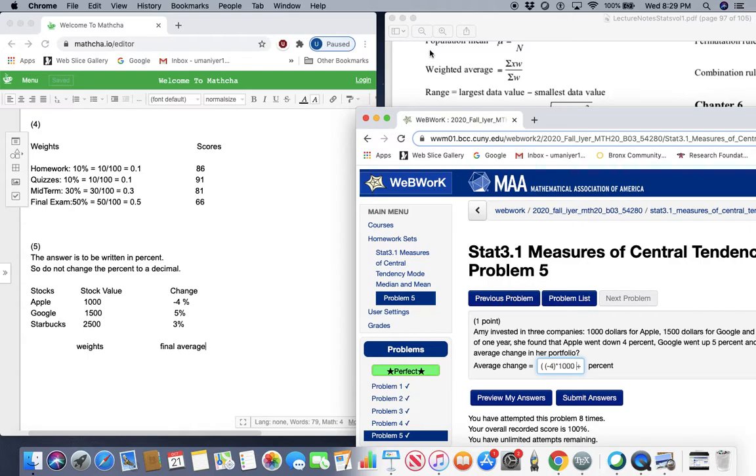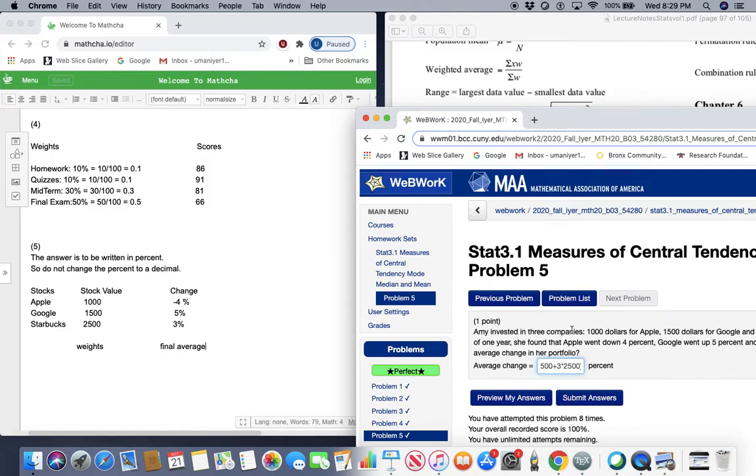I hope it's clear. Okay, weight times value. So -4 times 1000 plus 5 times 1500 plus 3 times 2500.